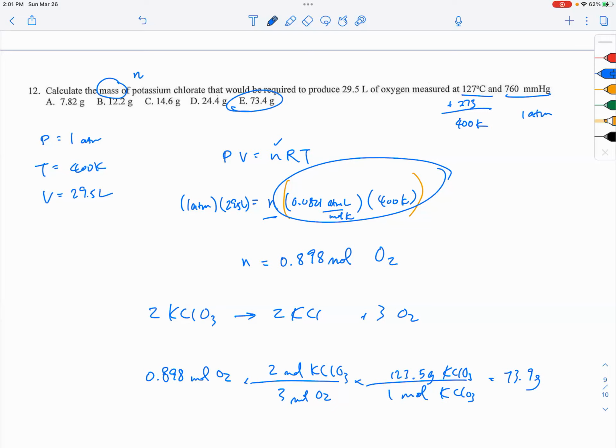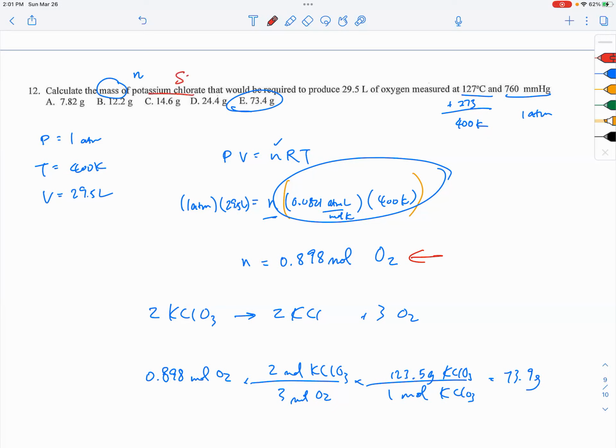Again, you have to know where the potholes are. If you are rushing and you are not labeling, it is extremely easy to treat the moles that you find over here and wrongfully assume that this is the moles of potassium chlorate. I always tell students to use gas laws for gases.